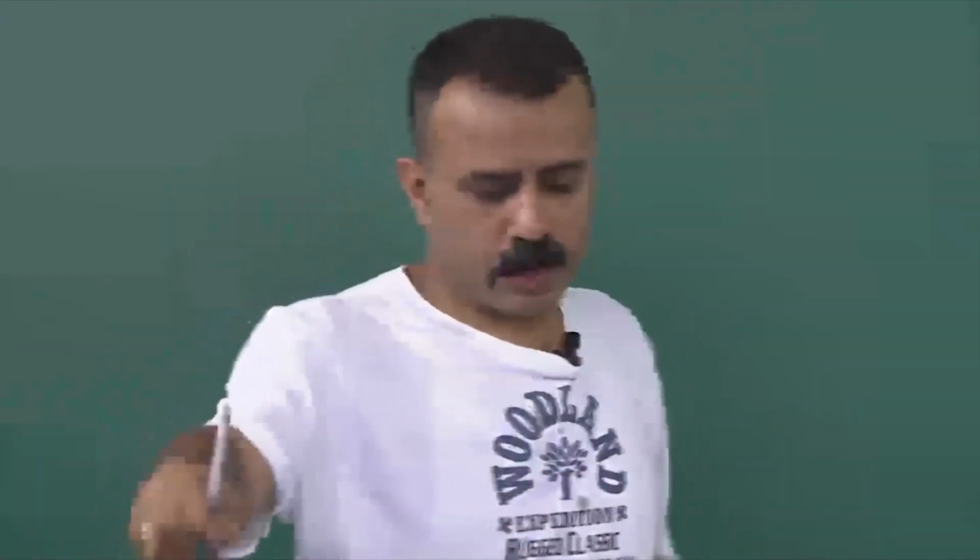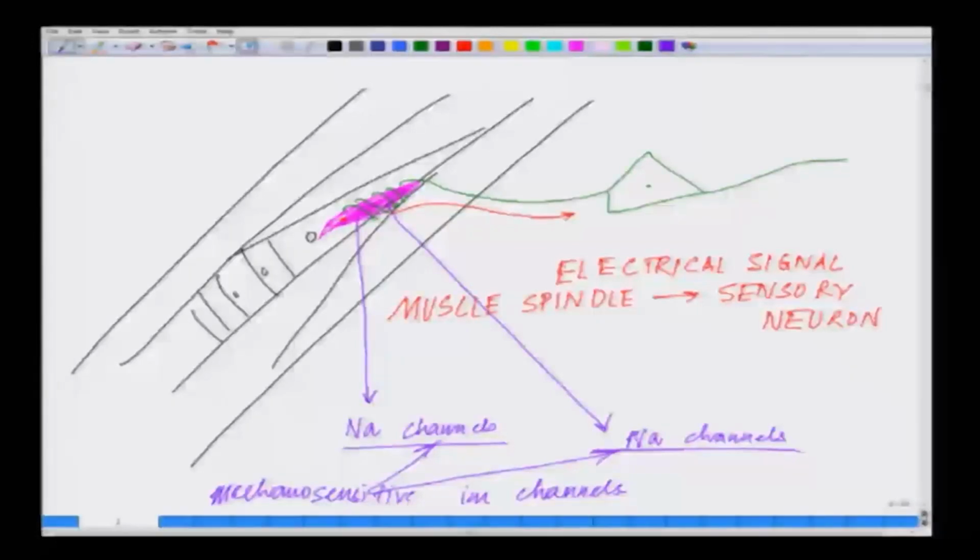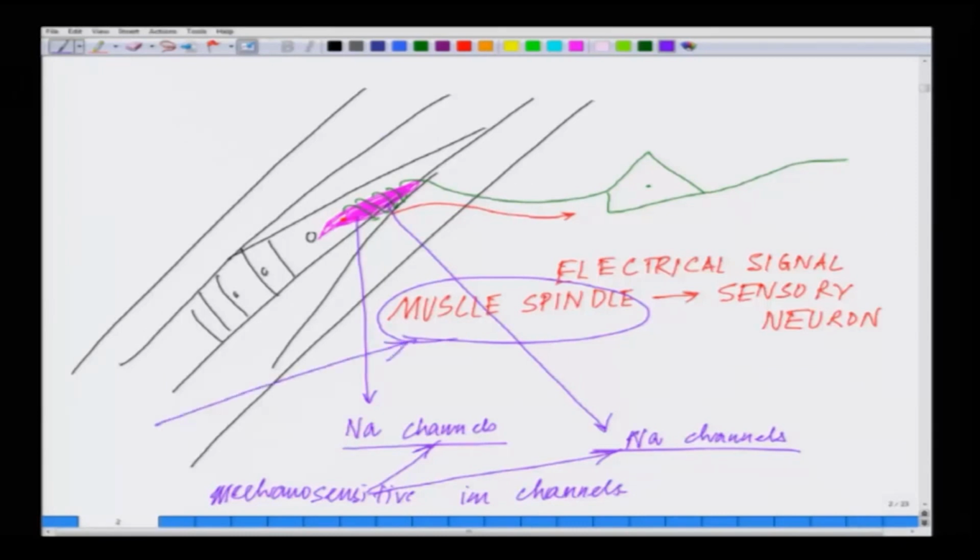Essentially this is the first level of energy transduction taking place. This muscle spindle is getting a mechanical force, and this opens up a series of sodium or cationic channels.